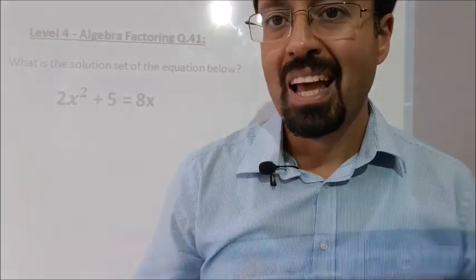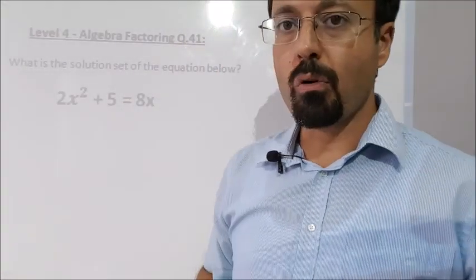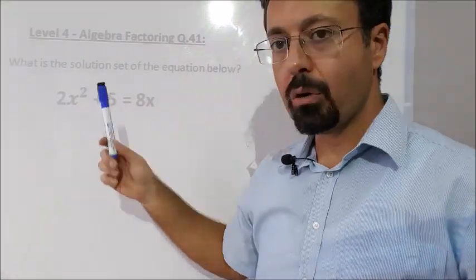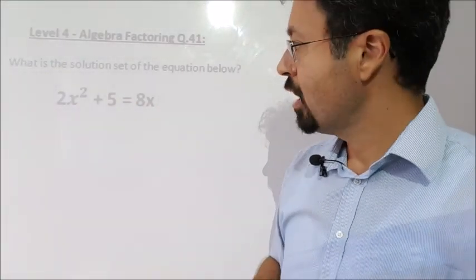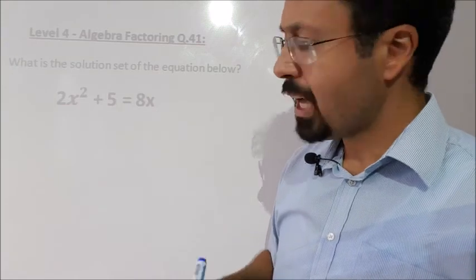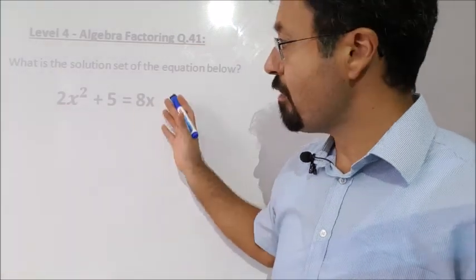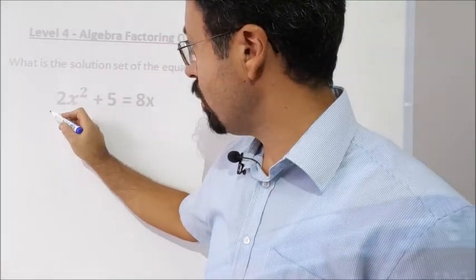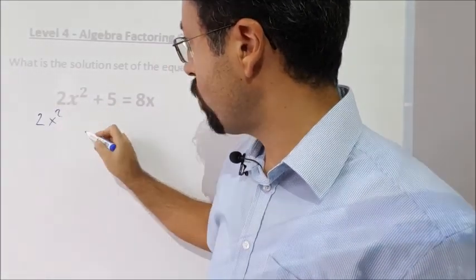Hello viewers, let's solve another level 4 algebraic equation, and here we're trying to find the solution set of this equation below. Okay, the first thing that comes to mind is to put everything in order. The first value is going to be 2x squared.